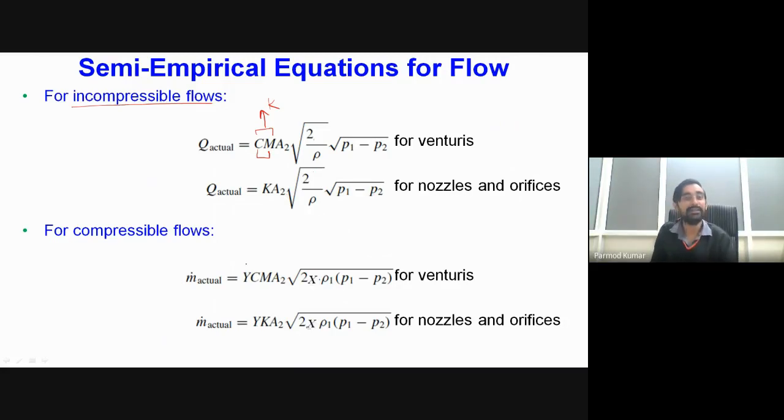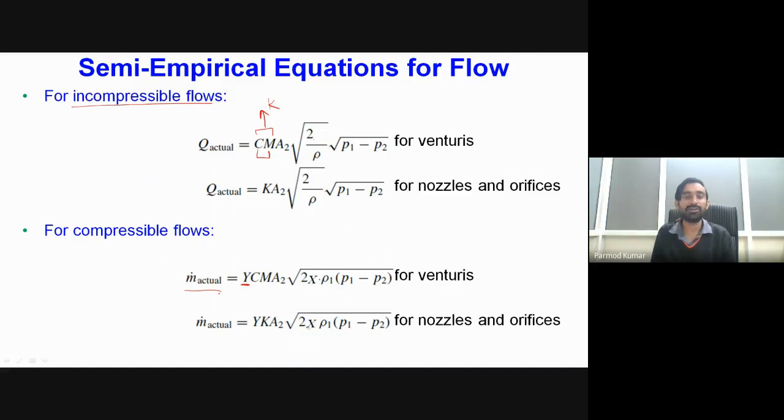Then for the compressible flow situation, as I have already told you, we will have a certain expansion factor also. That expansion factor is also multiplied over here, and this expansion factor times C into M into A2 multiplied by the square root of 2 into rho 1 multiplied by (P1 minus P2) gives us the value of the actual mass flow rate.